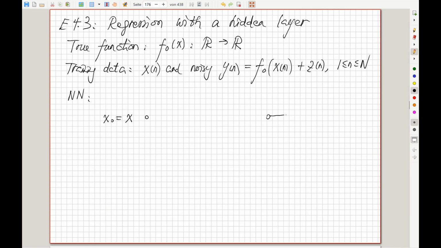This is actually our output x2. And we assume we have a hidden layer containing some hidden neurons, and we have a fully connected architecture. I assume this is the output x1. I assume we have M1 hidden neurons.